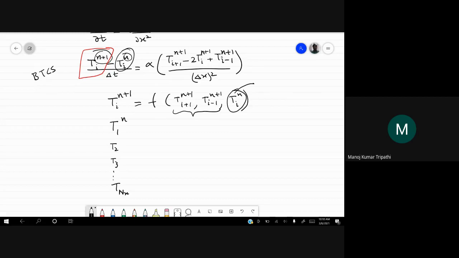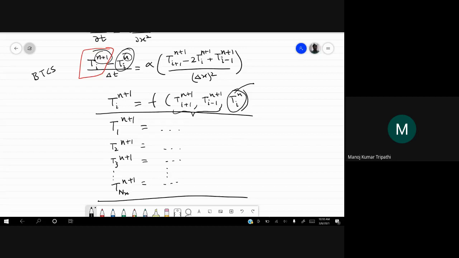These are all at n plus 1, equal to all of these terms, the right hand side. Now, how many unknowns are there? There are nx number of unknowns. And how many equations are there? There are nx equations. So this is a system of equations and it is linear. You can see that. Right? It is a linear system of equations.